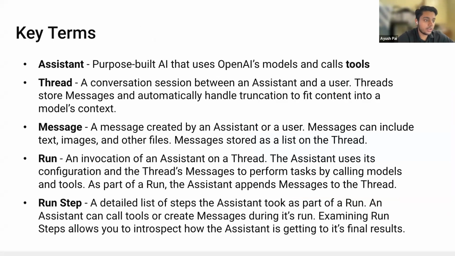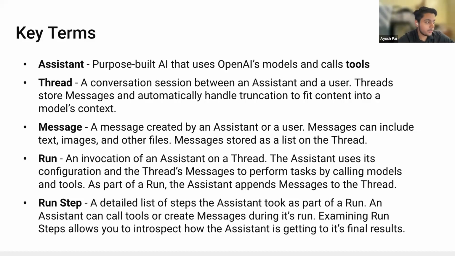It's important how they use these tools to make decisions or perform functions. Another key term is thread, which is a conversation session between an assistant and a user. Threads store messages automatically and handle truncation to fit content into a model's context, so it's handling all of the message history and the context for the conversation.